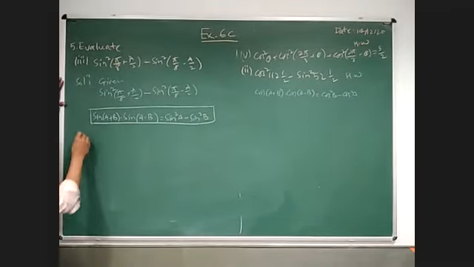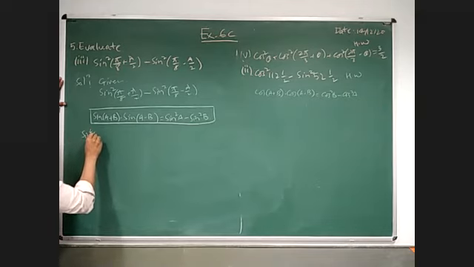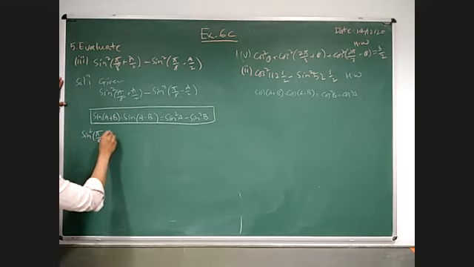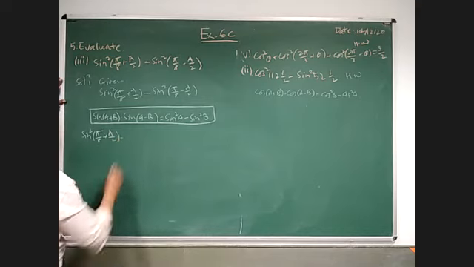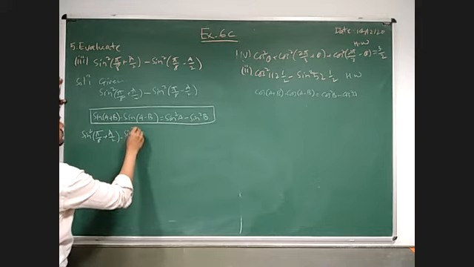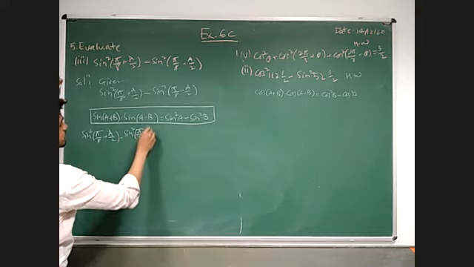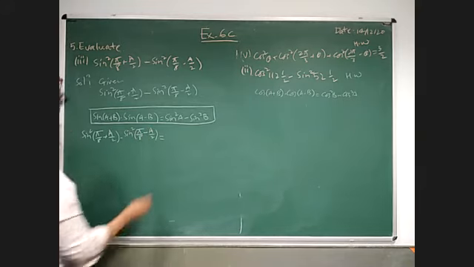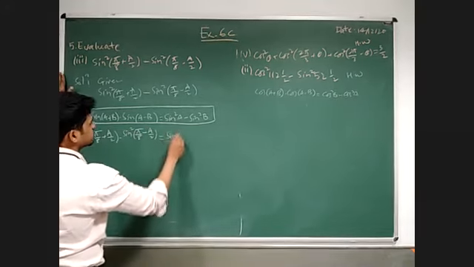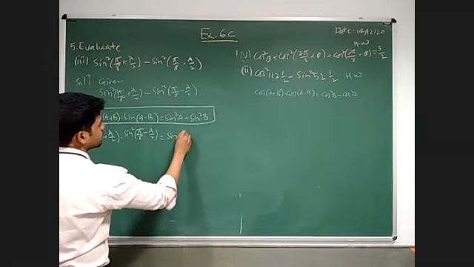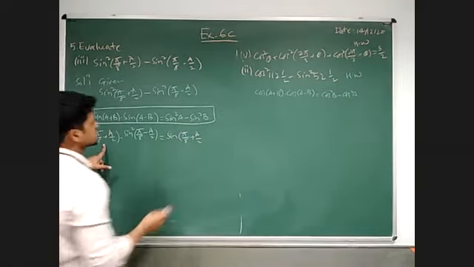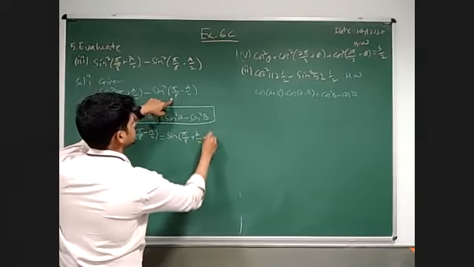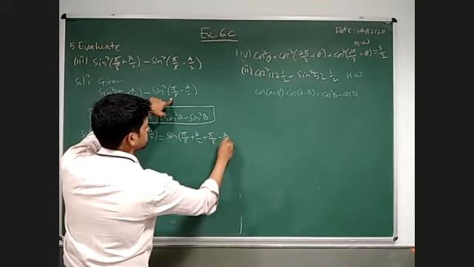So writing sine square (pi by 8 plus A by 2) minus sine square (pi by 8 minus A by 2), that can be sine of (pi by 8 plus A by 2 plus pi by 8 minus A by 2).